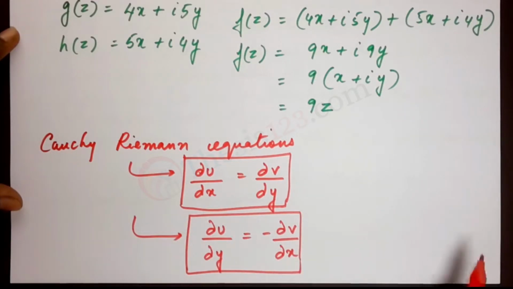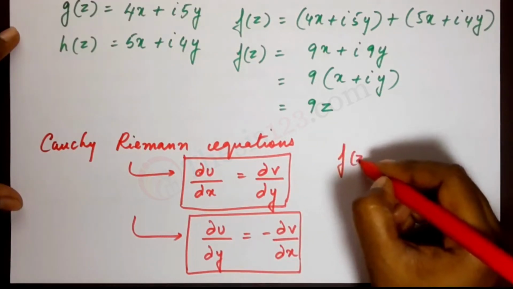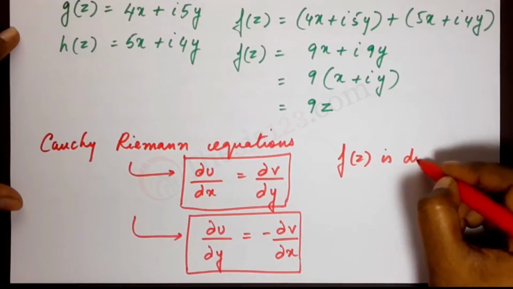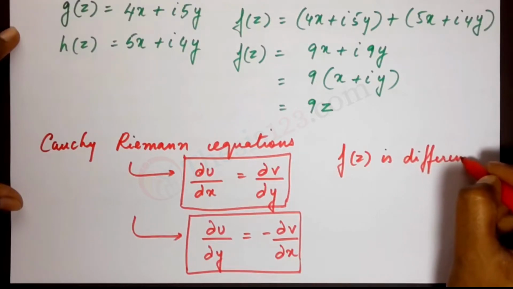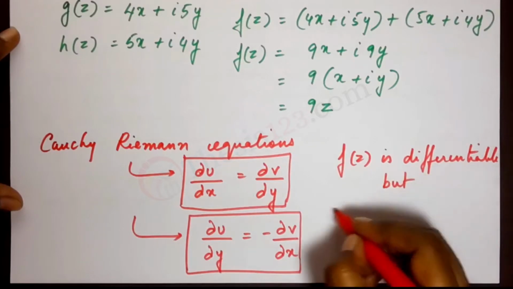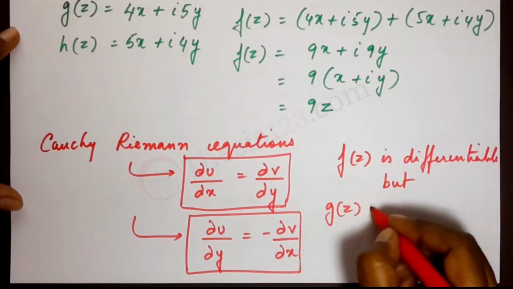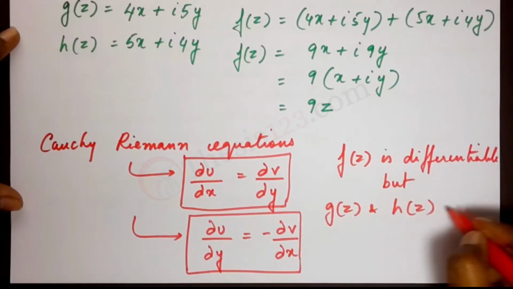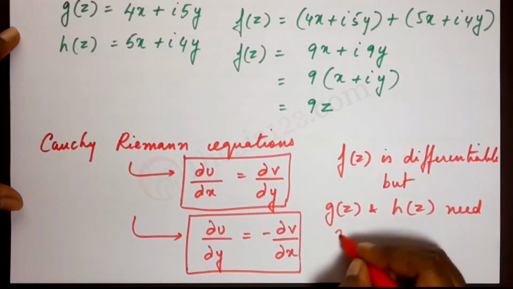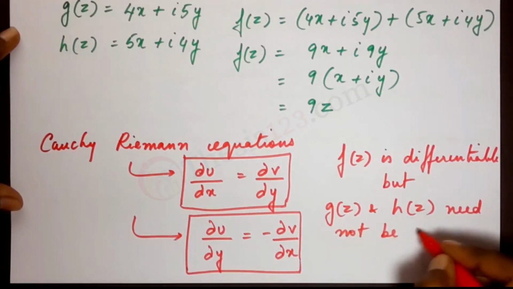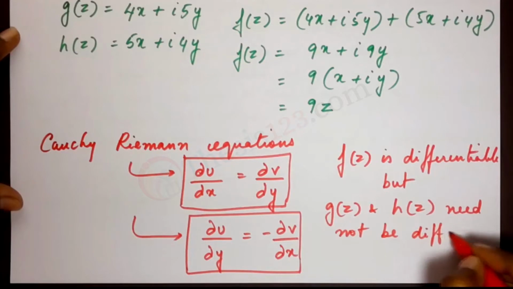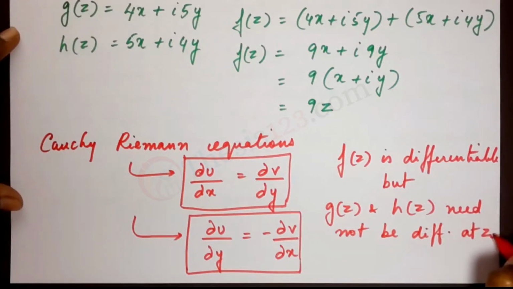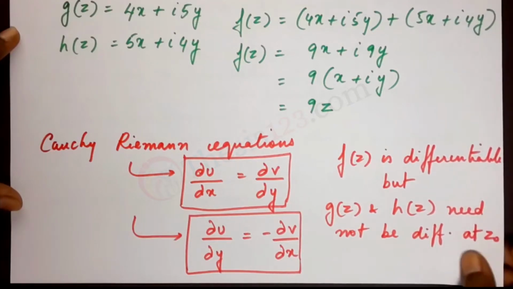So in this case, f(z) is differentiable, but g(z) and h(z) need not be differentiable at the point z0. So this means our first option is wrong.